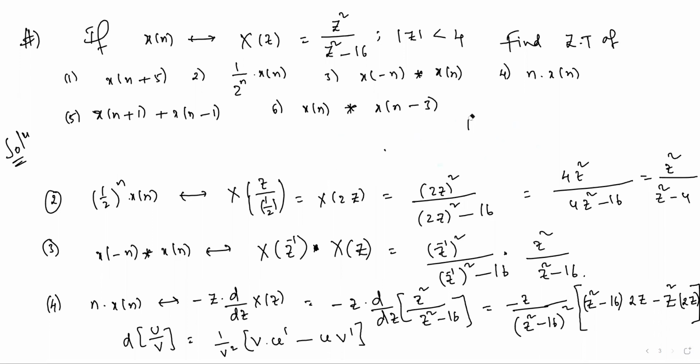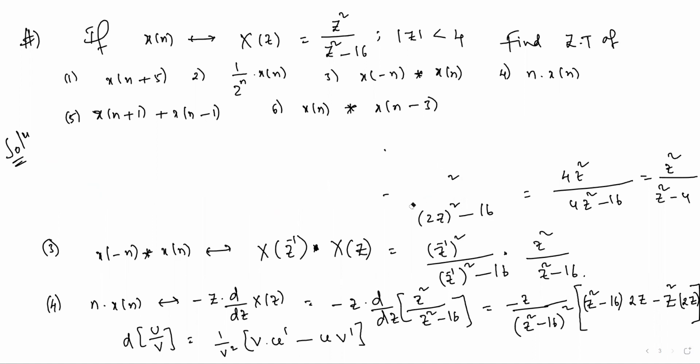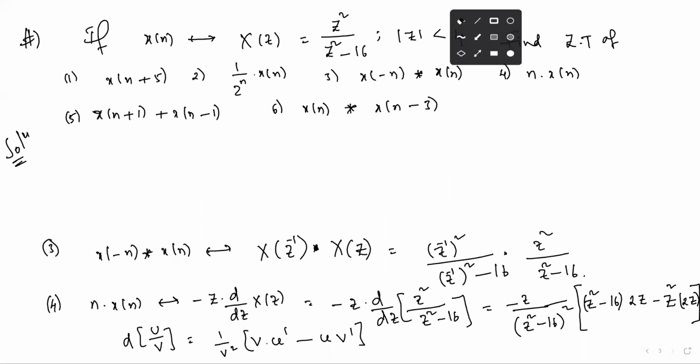Next it is fifth one. X of n plus 1 plus x of n minus 1. Both are time shifting properties, you can easily get it. This time shifting property.